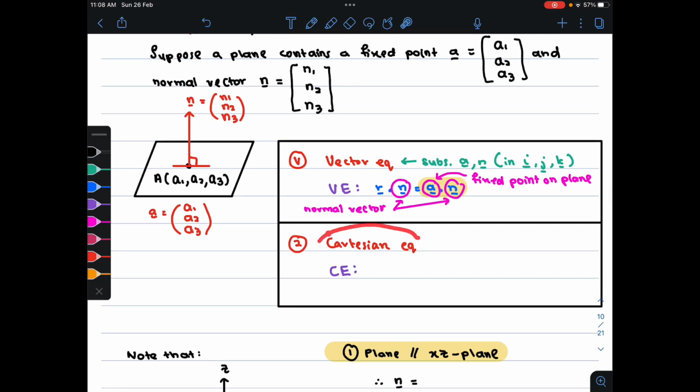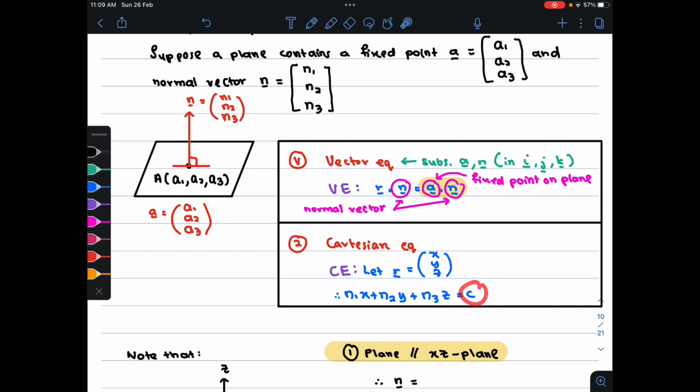Next, for the Cartesian equation, you're just going to write down, let r become the vector x, y, and z. Therefore, when you substitute this vector r, which is x, y, z, into the vector equation, you will get n1x plus n2y plus n3z equal to c.